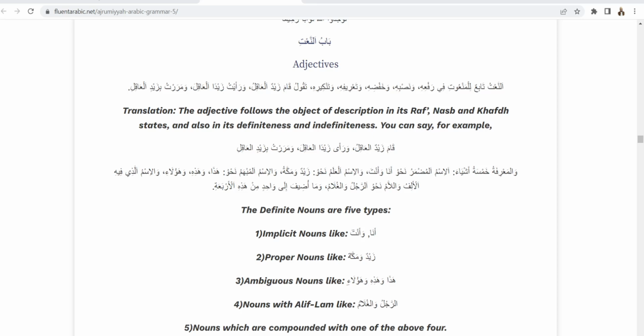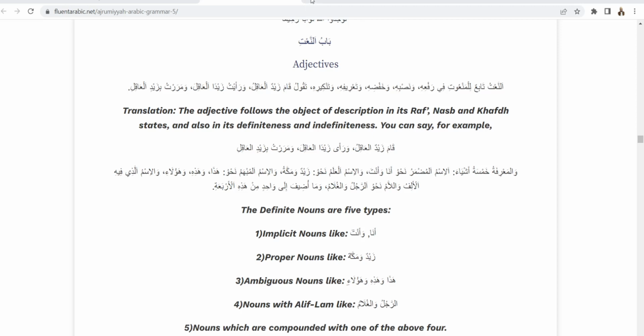So ظننت affects both the مبتدأ and خبر, and it gives nasb to both of them. The sisters of ظننت are حسبت, خلت, زعمت, رأيت, علمت, وجدت, اتخذت, جعلت, سمعت.